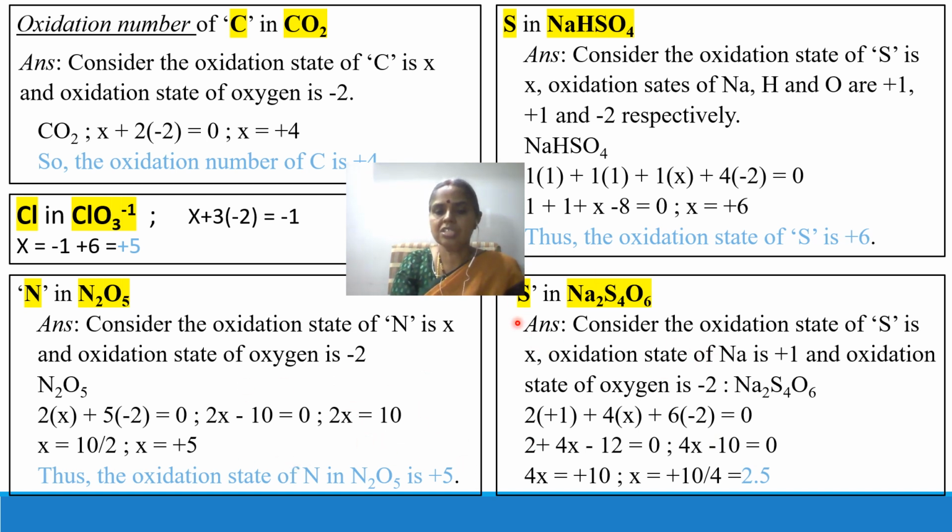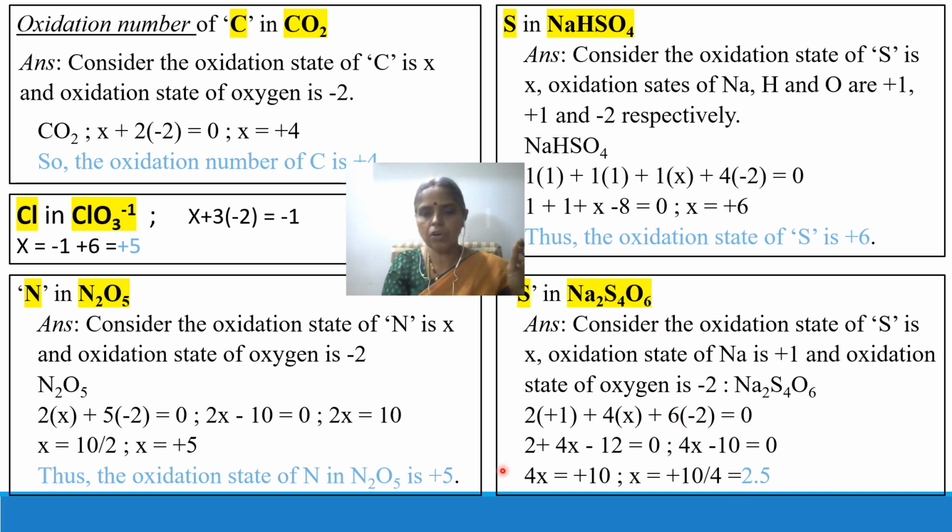What is the oxidation state of sulfur in Na2S4O6? If you solve it taking sodium as plus 1 and oxygen as -2, there are 4 sulfur atoms, so 4x plus 2 into 1 plus 6 into -2 is equal to 0. There are 6 oxygens, so 6 into -2.